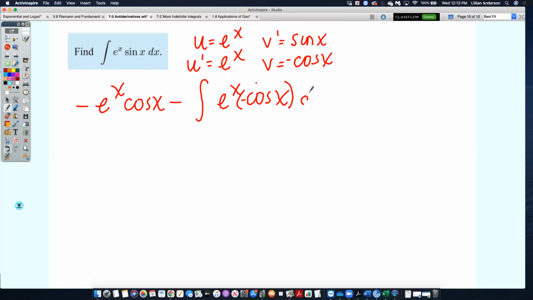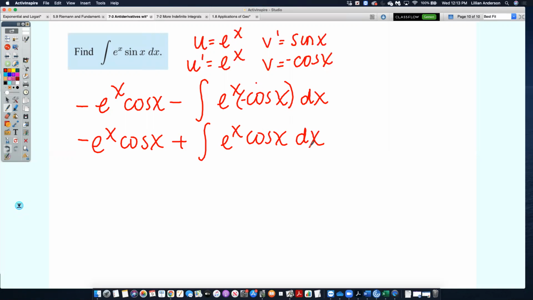Okay, so after all that, I got negative cosine x minus the integral of e to the x cosine x dx. Would it be minus the integration? Yes, minus the integration of e to the x cosine x. So it does make the thing positive. That's fine.